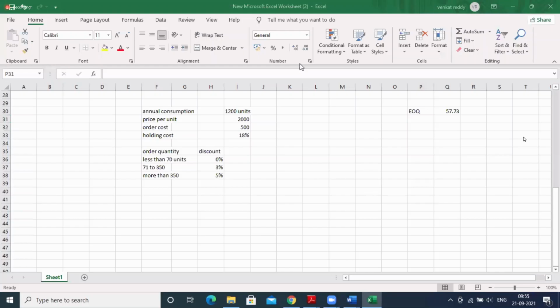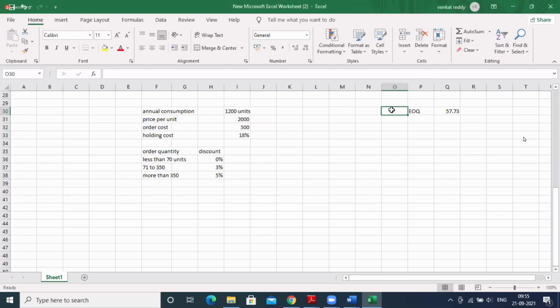Okay. Now, no need to calculate adjusted EOQ. The reason is it is below 70. If the EOQ is more than 70, then only we would have got a discount of 3%. But here it is less than 70, so that's why no need to calculate adjusted EOQ.